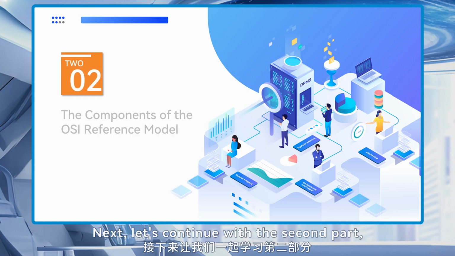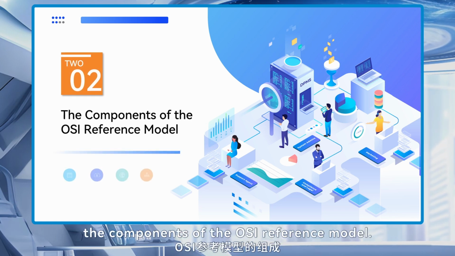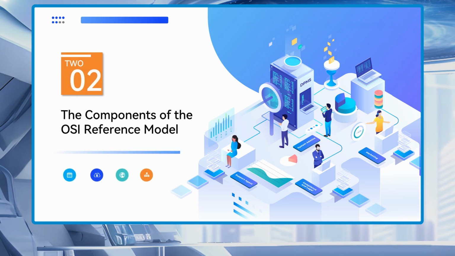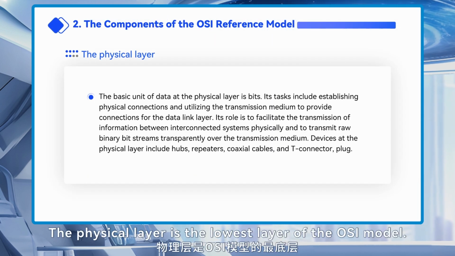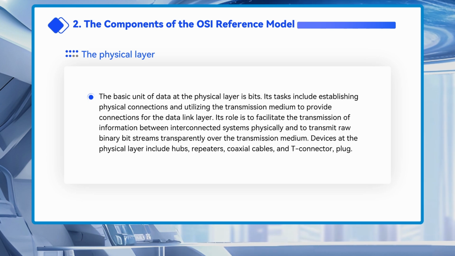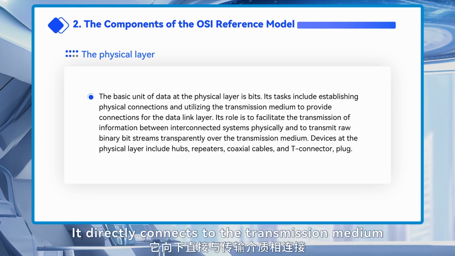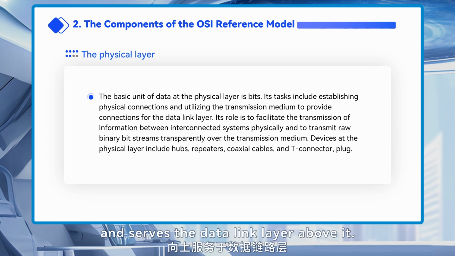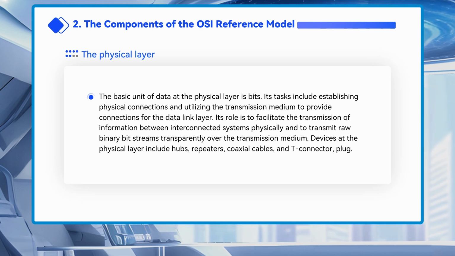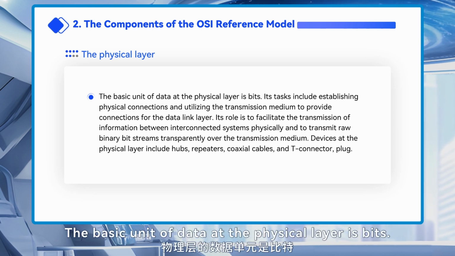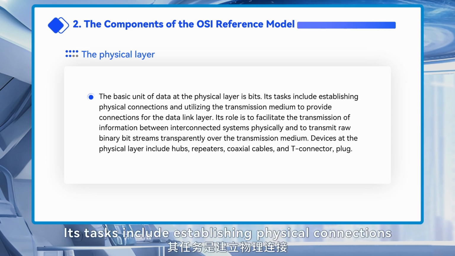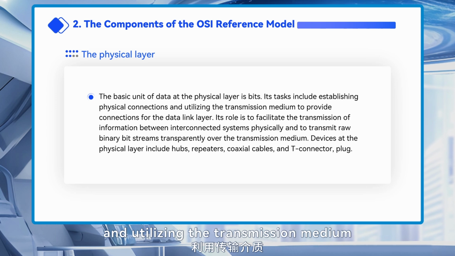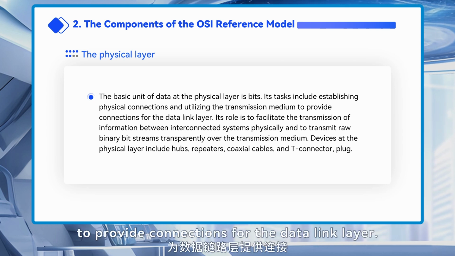Next, let's continue with the second part, the components of the OSI Reference Model. The physical layer is the lowest layer of the OSI model. It directly connects to the transmission medium and serves the data link layer above it. The basic unit of data at the physical layer is bits. Its tasks include establishing physical connections and utilizing the transmission medium to provide connections for the data link layer.